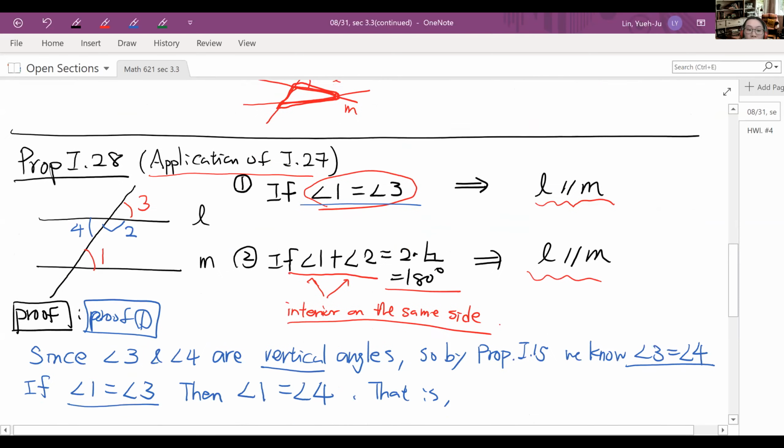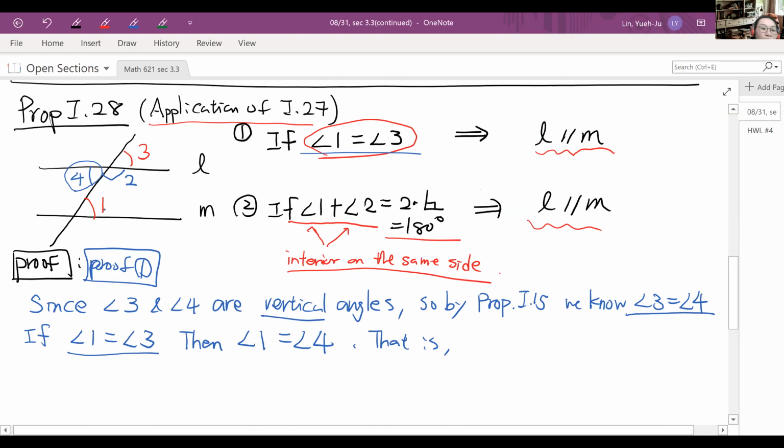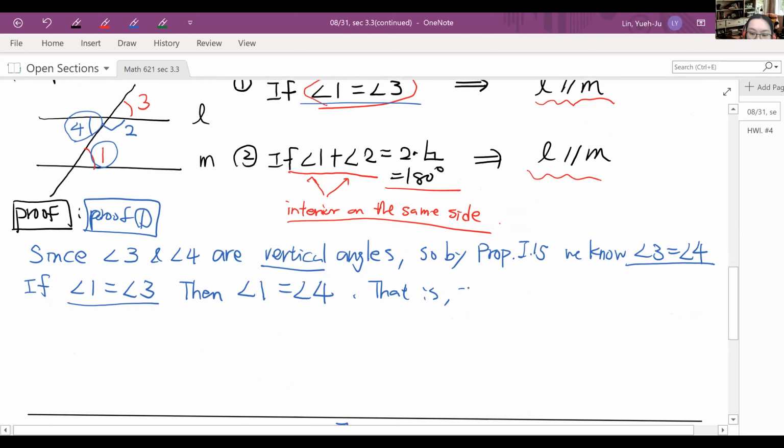So essentially, the alternate interior angles are equal.